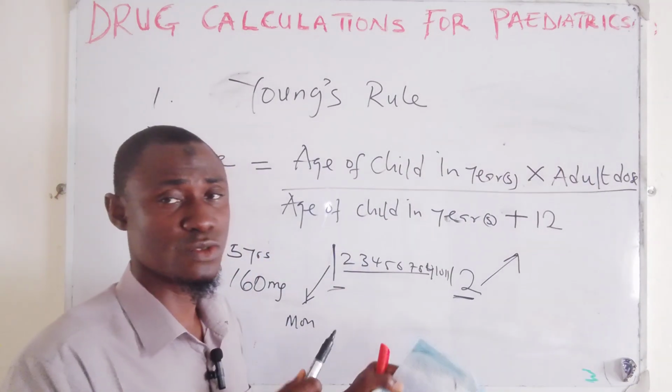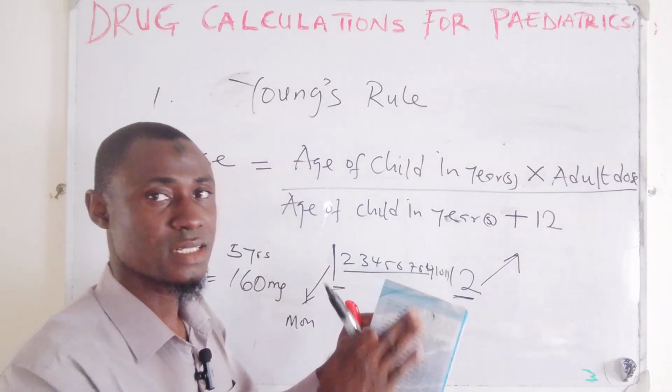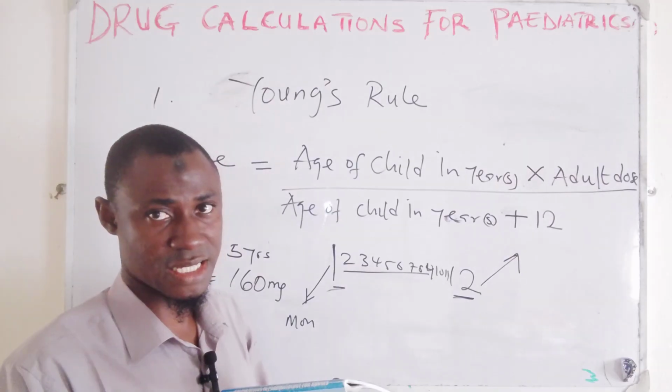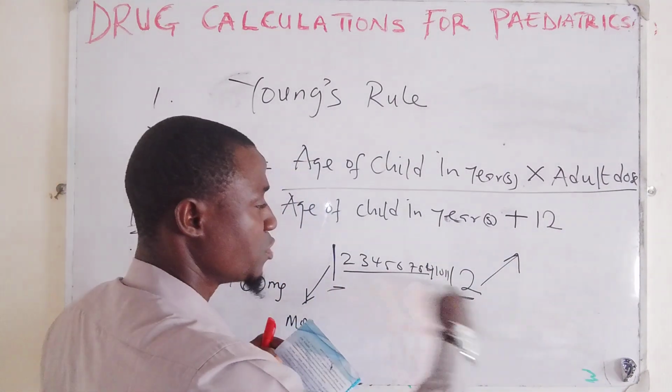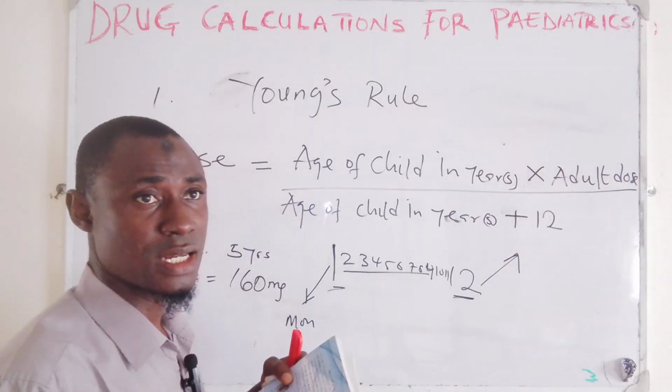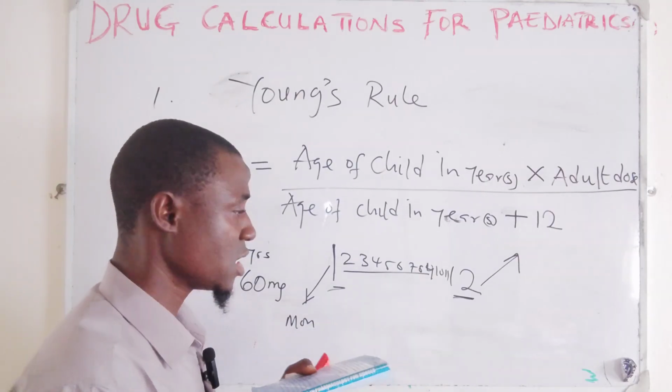So if you want to apply this rule, the age of the child must be between 1 year and 12 years. Outside this age range, the child is no longer eligible for the dose to be calculated using this rule.